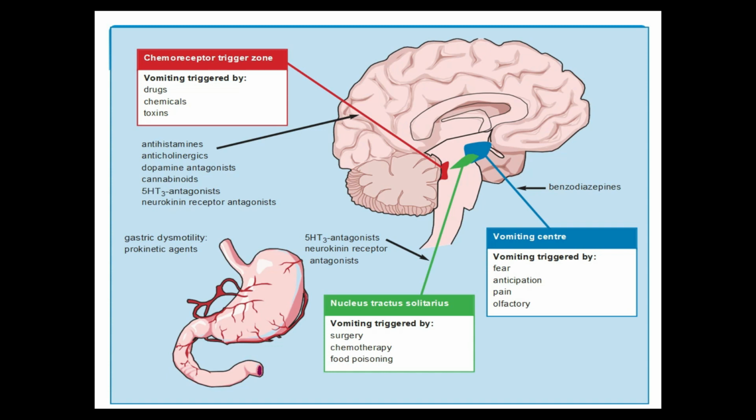Moreover, if the vomiting is triggered by surgery or chemotherapy, because the patient has cancer, for example, or the patient suffers from food poisoning, the treatment that should be provided is a neurokinin receptor antagonist.